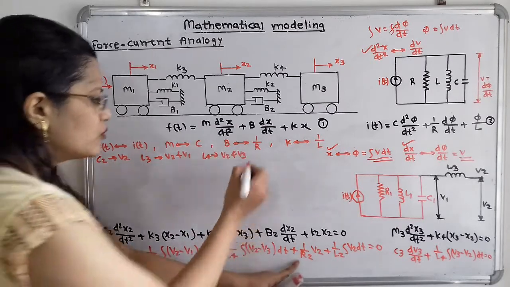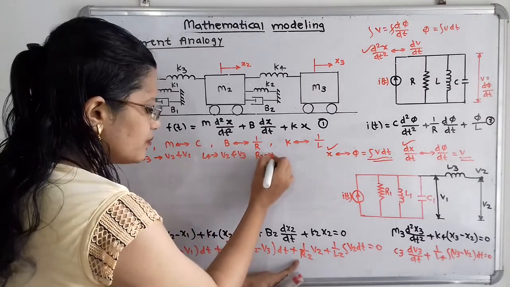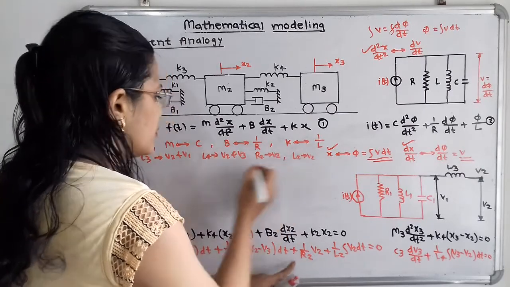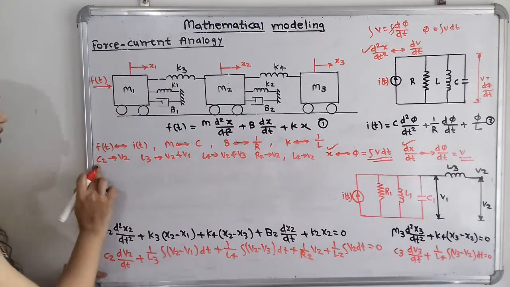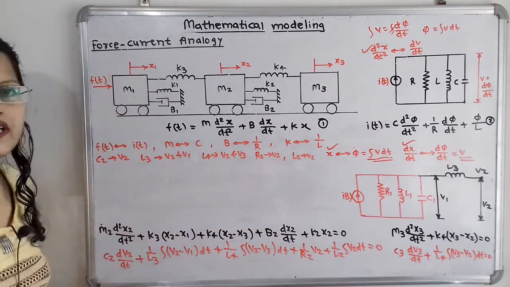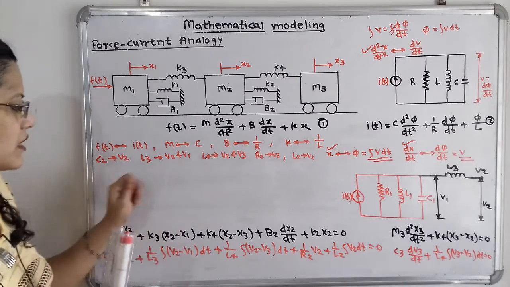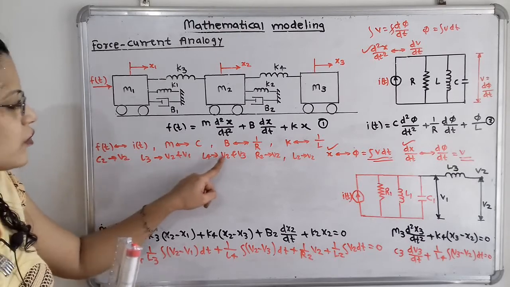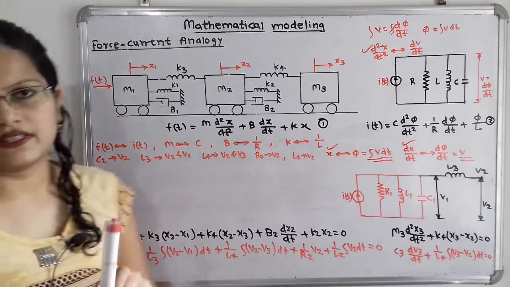Then R2 is having voltage V2 and L2 is having voltage V2. Now if we observe this, C2, R2 and L2 are having same voltage V2. So we have to draw that. And then L3 is in between V2 and V1, L4 is in between V2 and V3.